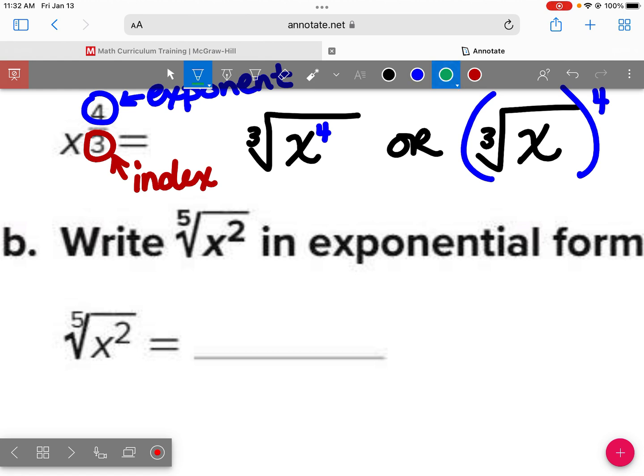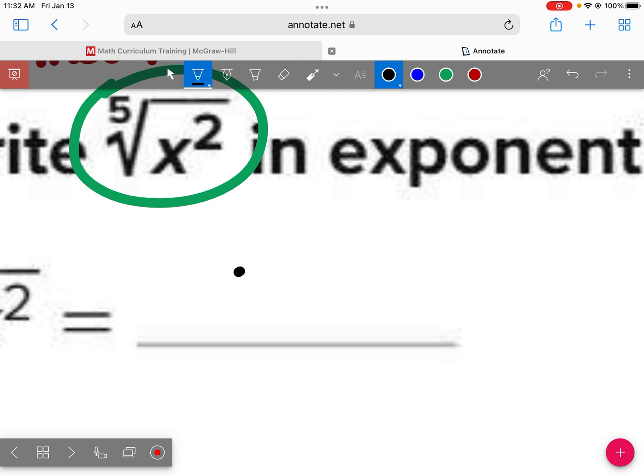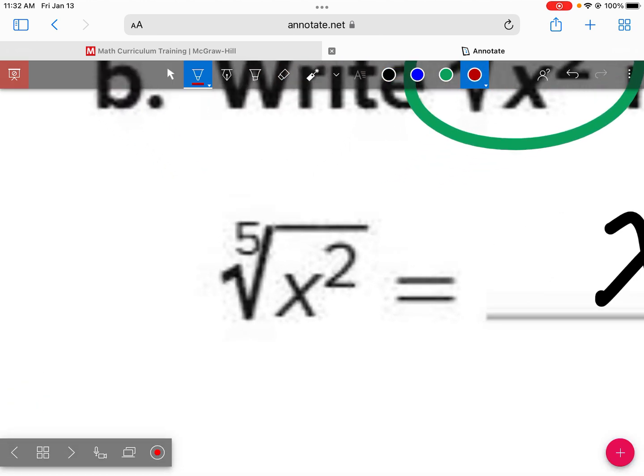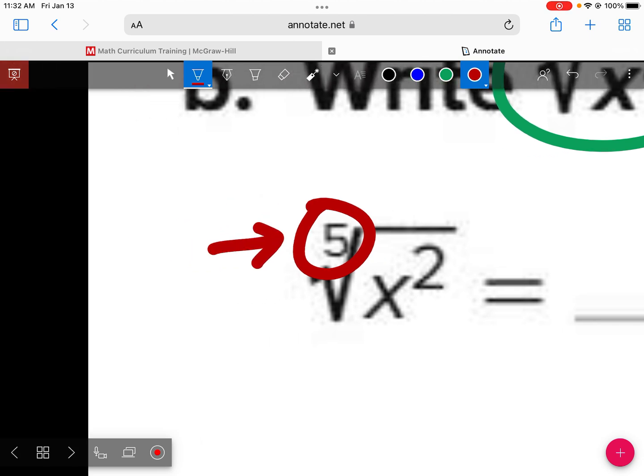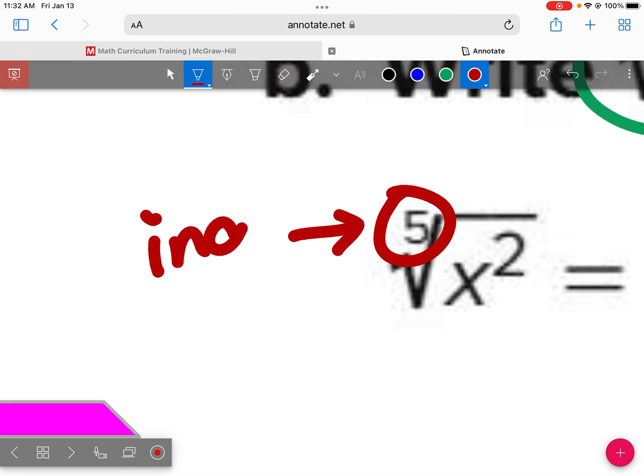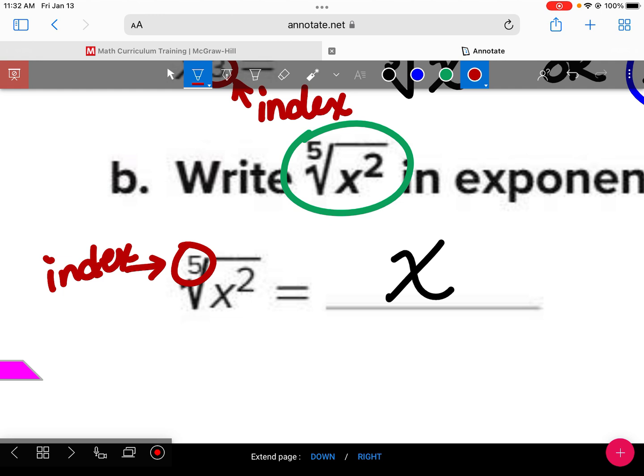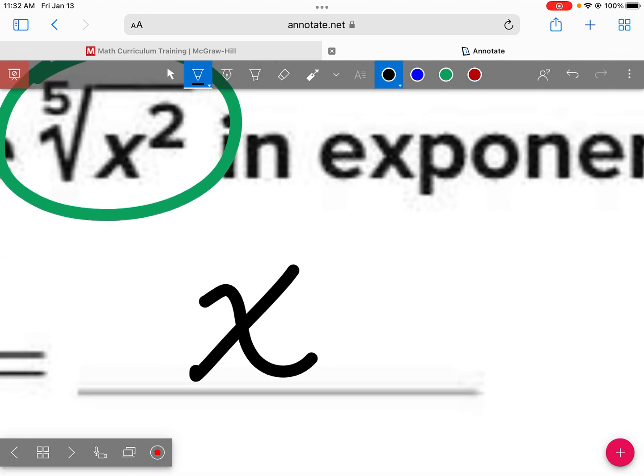I want to take this guy right here and write it in exponential form. There's only one way to do that. Which piece is the index? 5 is the index. Where does that go when I'm writing it in exponential form? Outside, denominator.